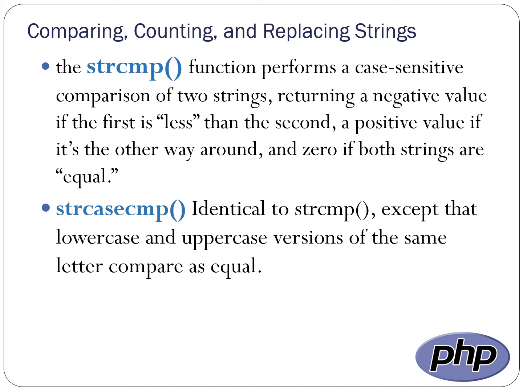So it returns a negative value if the first string is less than the second, a positive value if the first is greater than the second, and 0 if both strings are equal.